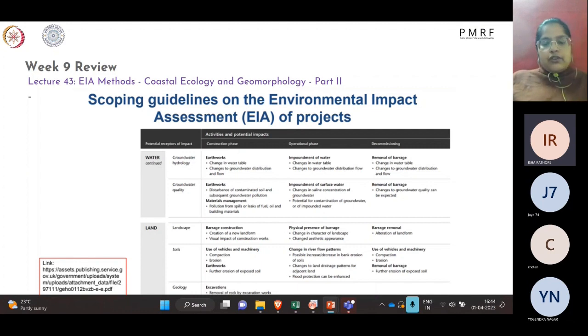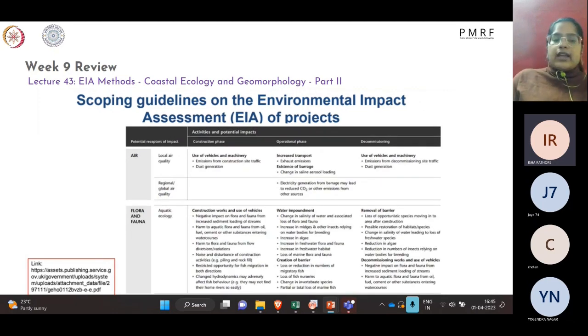So I will not go further into them, but you can look up these impacts. So these are the assessments or tables which you need to put up to demonstrate the effect that your project is having on the different components of the coastal ecology, be it water, land, biology, flora, fauna, and things like that, and at different stages. So you need to document all of these changes based on the guidelines which are available.